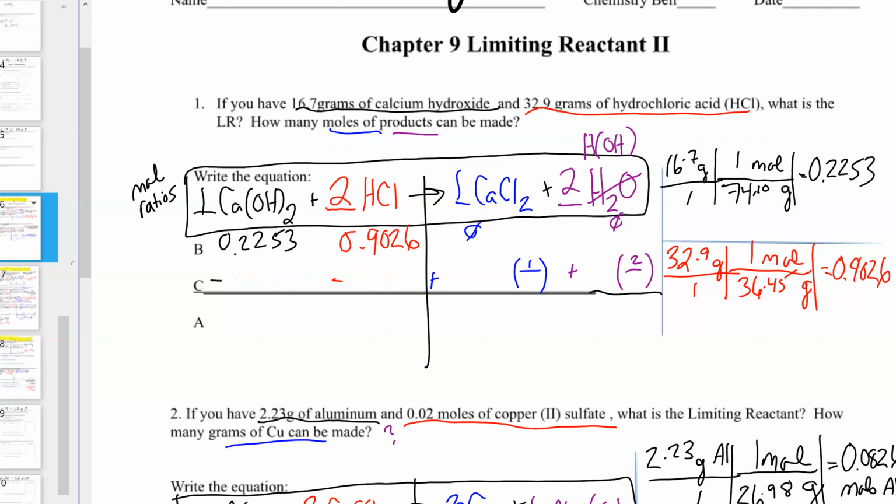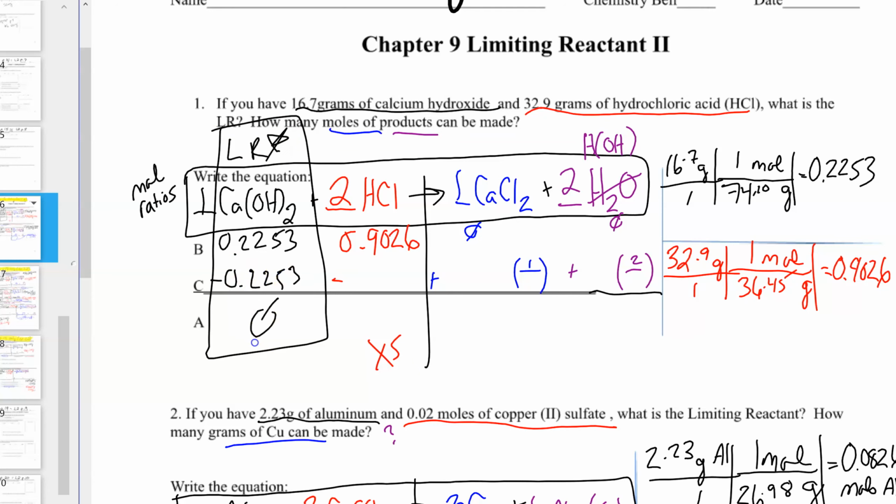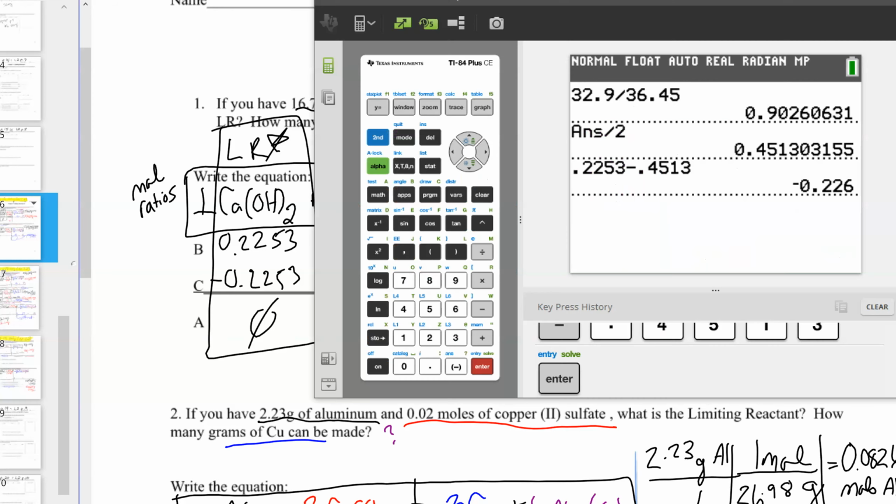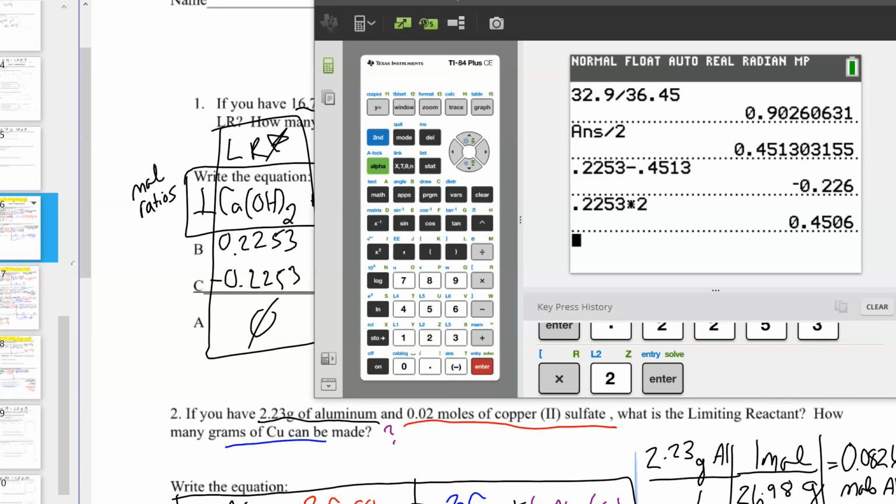Okay, so now we're saying, aha, this one's the limiting reactant right here. And so it should go to 0. This one should be excess left over, and let's try those numbers now. So 0.2253, using all of it up. And then how much HCl are we going to use? 0.2253 times the mole ratio, which is 2/1. So 0.2253 times 2 is 0.4506.